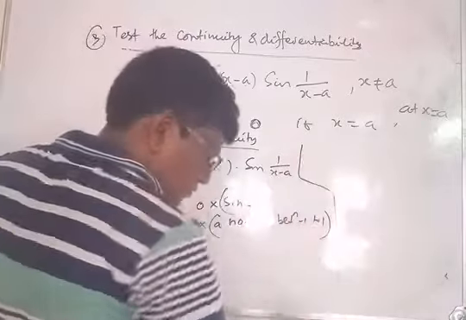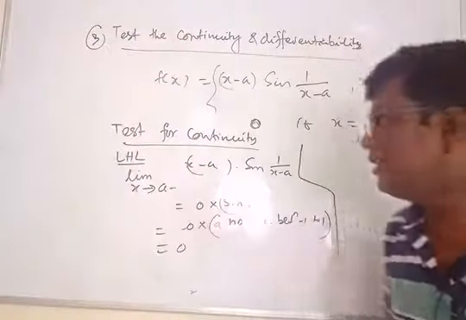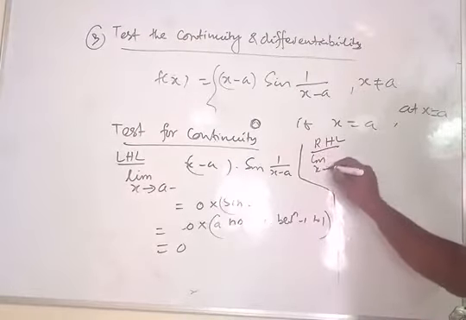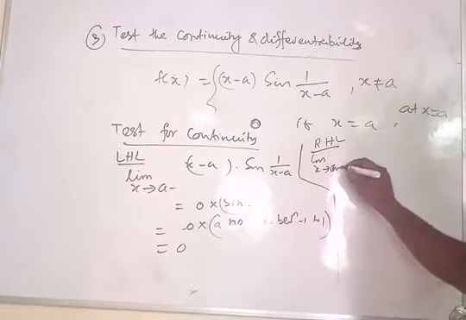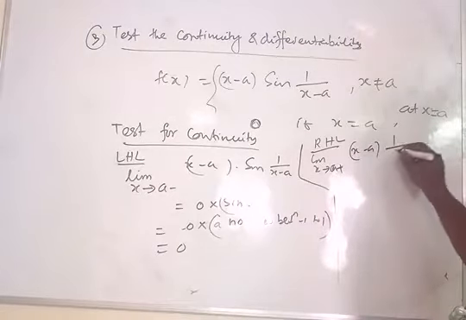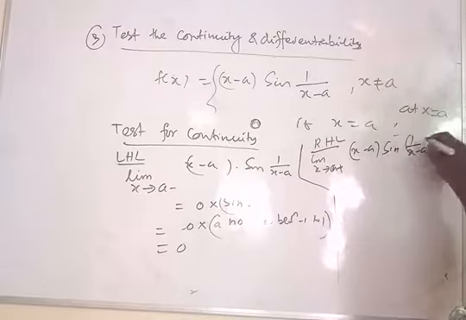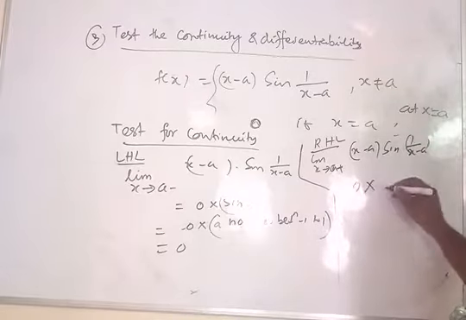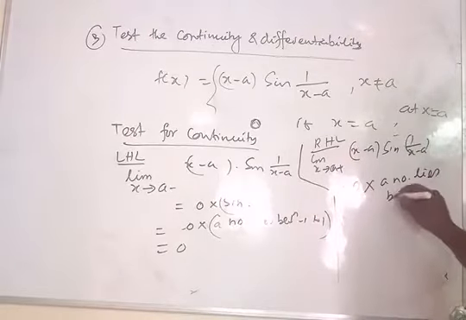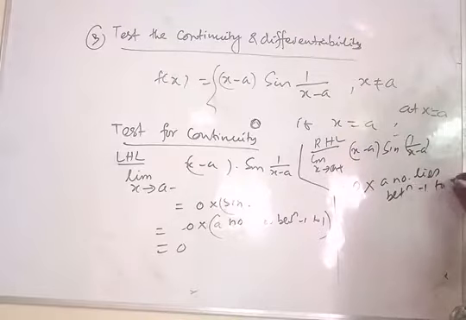Similarly, RHL is equal to limit x tends to a plus of x minus a into sine 1 by x minus a. This is equal to 0 into a number lying between minus 1 and plus 1.